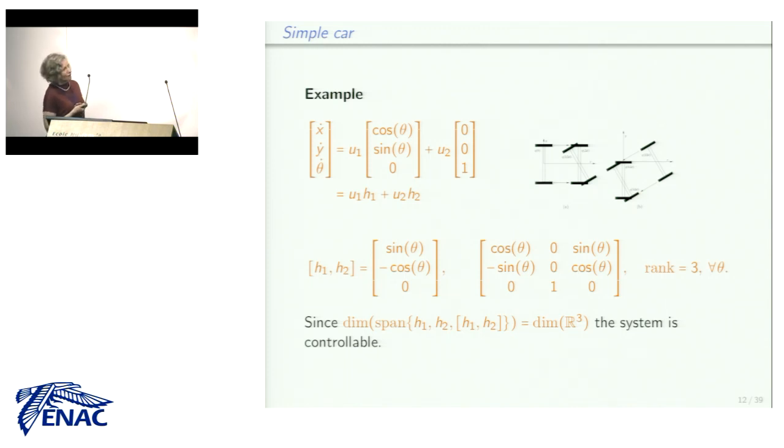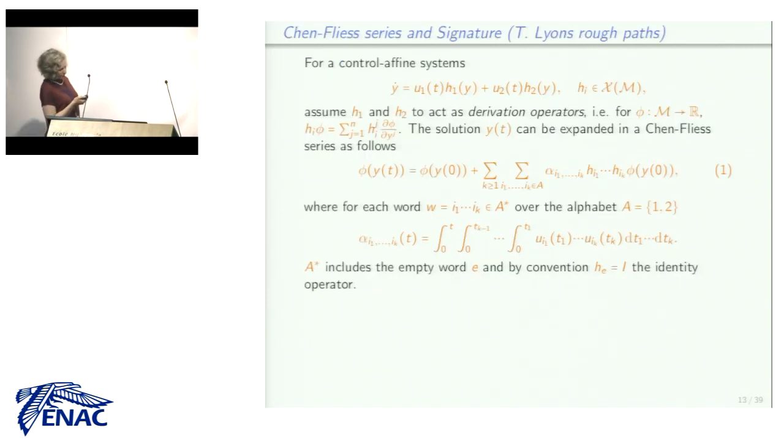So this, in fact, expresses the fact that I can express all the solutions of these differential equations by using these three vector fields. And the system is controllable. So, as I said, controllability has to do with analyzing the solutions of these differential equations and figuring out how to choose the controls.